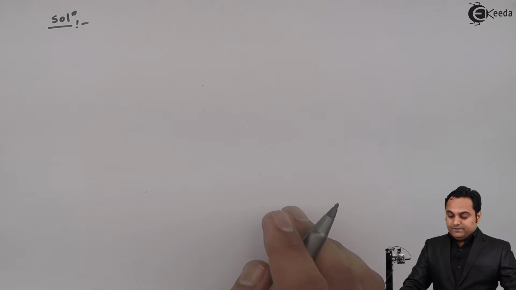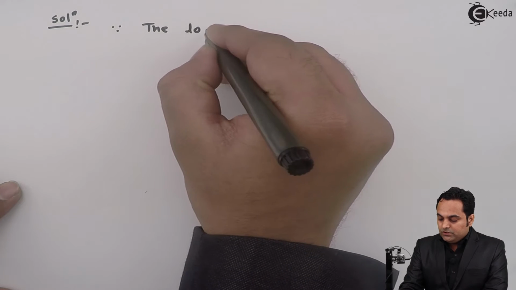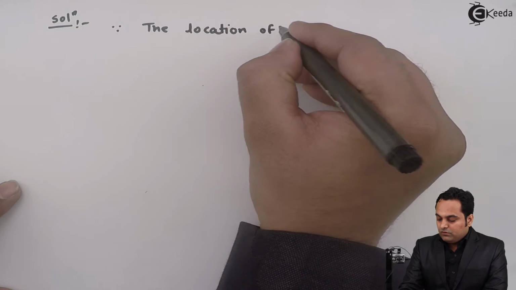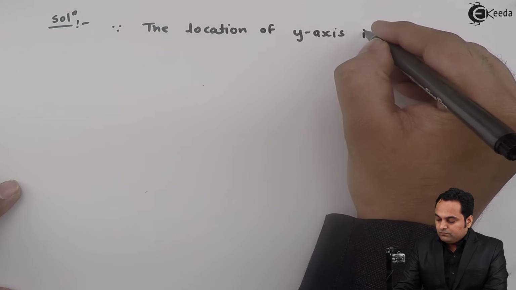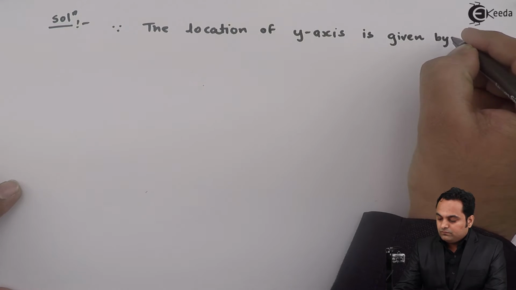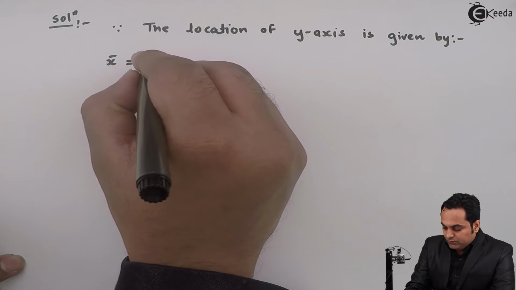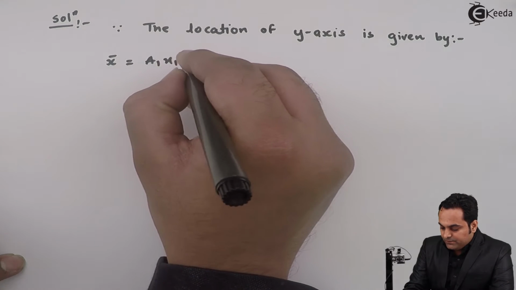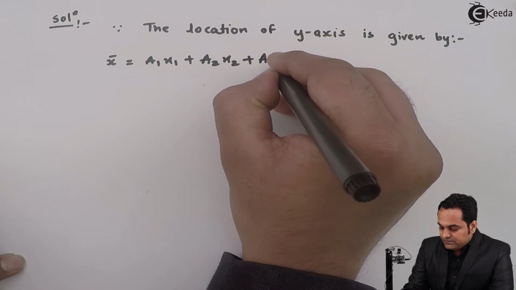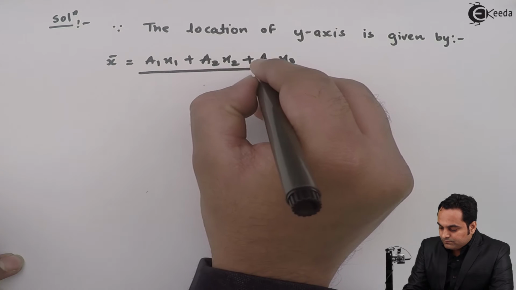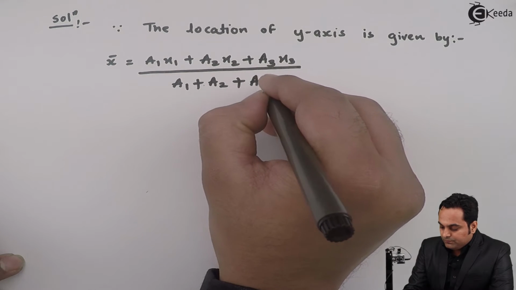Here I'll say that first, since the location of y-axis is given by x bar is equal to a1x1 plus a2x2 plus a3x3 upon a1 plus a2 plus a3.